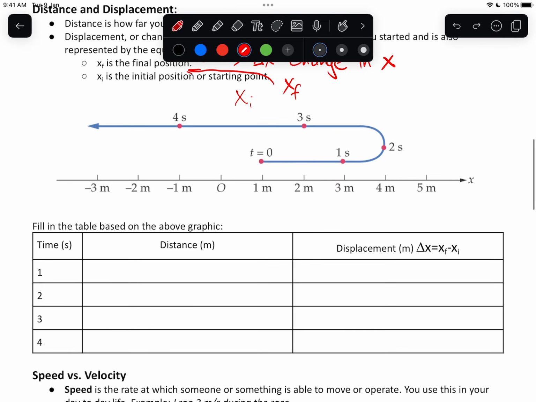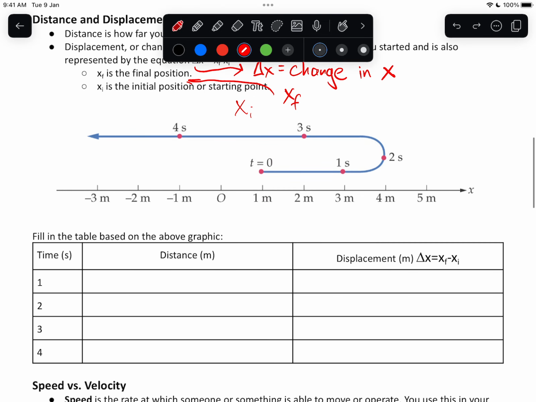Okay, so now let's take a look at this table. Fill in the table based on the above graphic. Let's try and figure out what's happening here first. It looks like I have some kind of position. Maybe somebody's walking, and they're going to walk this way and then walk back this way.